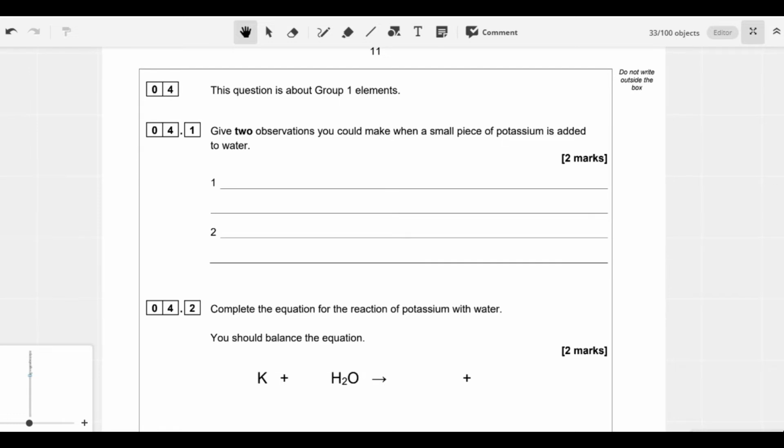Okay, next question is about group 1 elements. Give two observations you could make when a small piece of potassium is added to water.